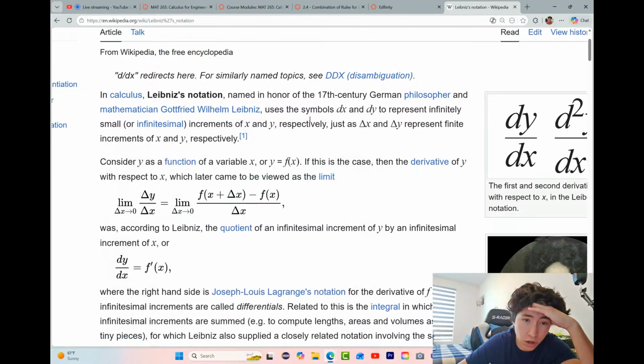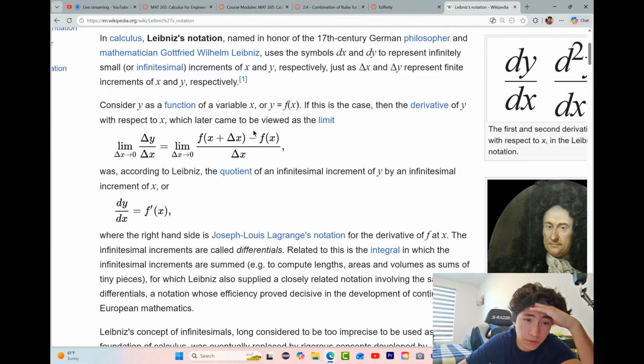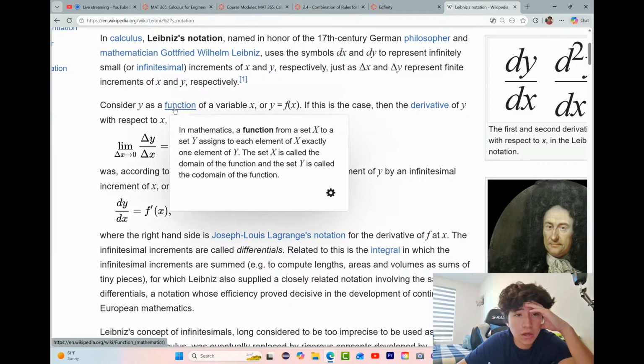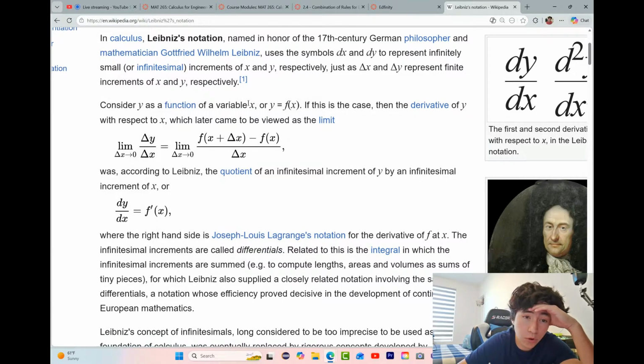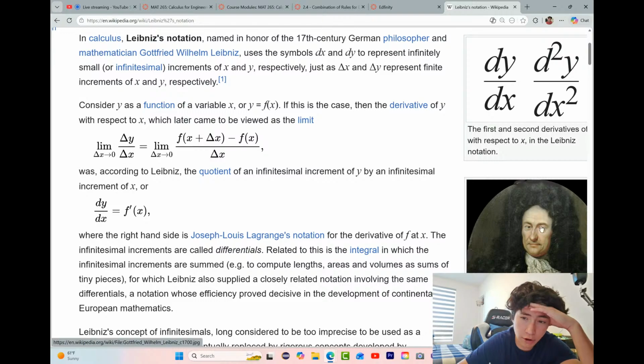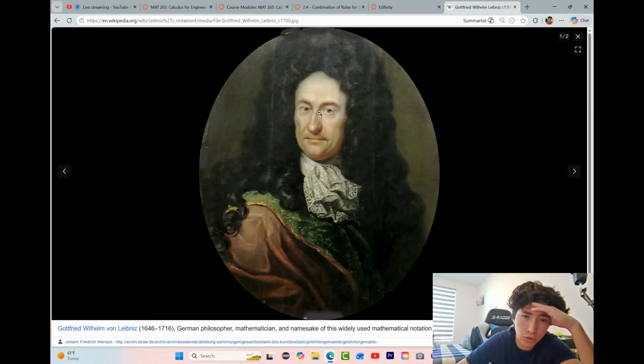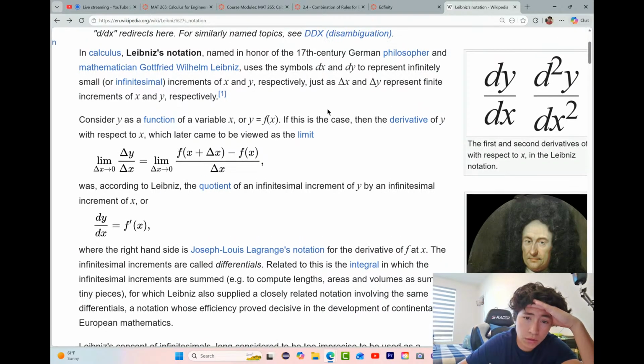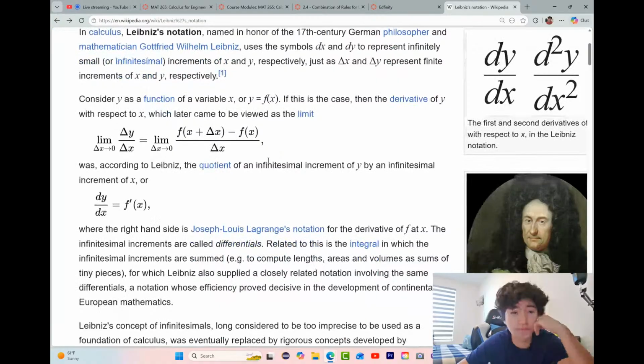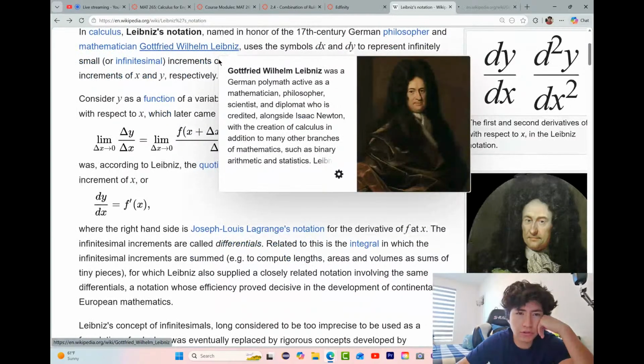Increments of x and y. Okay. Yep. Consider y as a function of a variable x, or y equals f of x. What's up, bro? He's kind of cool, isn't he? Yeah, this guy was like a polymath.